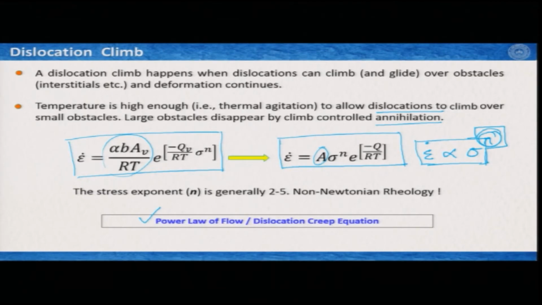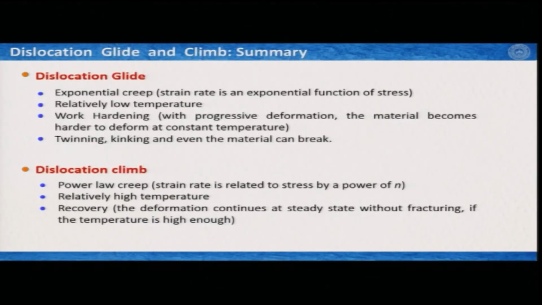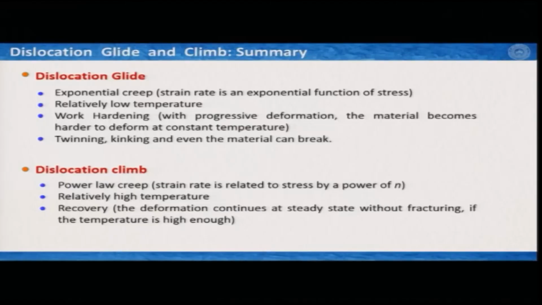If we compare dislocation glide and dislocation climb, then dislocation glide is an exponential creep, where strain rate is an exponential function of stress. It happens at relatively low temperature, because if it is high temperature, then it would change to dislocation climb. Work hardening with progressive deformation, where the material becomes harder to deform at constant temperature, is a characteristic, because again you do not have enough temperature.